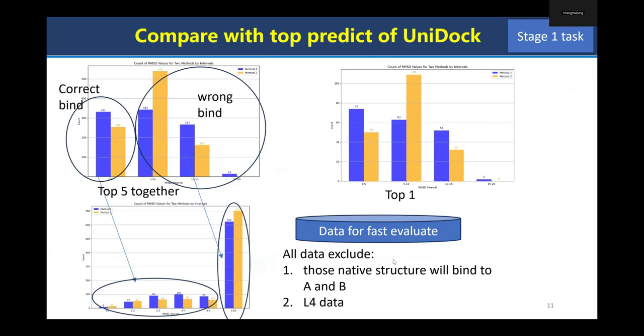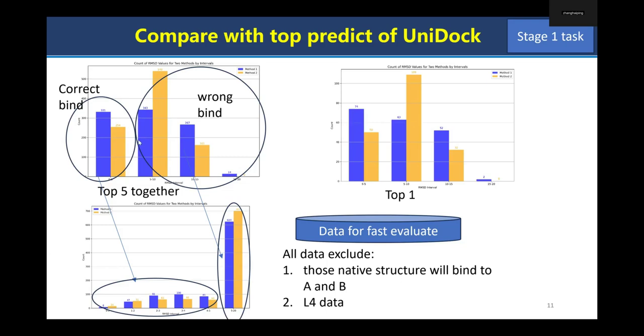We have chosen all the data except those native structures bound to A and B, and we also removed the AR4 data because it contains several parts, and one ligand may be bound to A or B. To avoid confusion in analysis, for convenience and because of the time limitation, I quickly checked the data set.